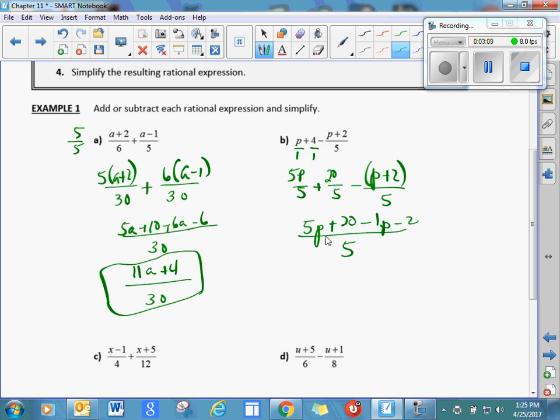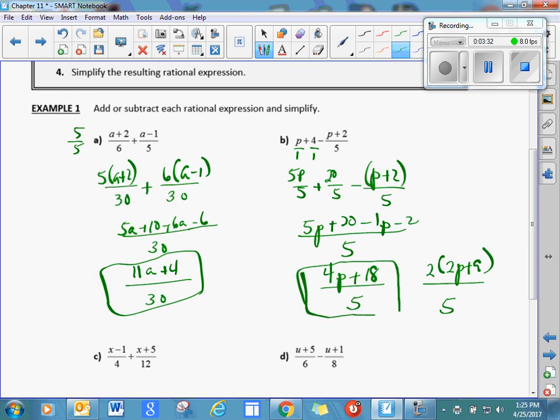And collecting like terms, we get 4p plus 18 all over 5. And again, I'm looking for a common factor to factor out of the numerator. I could take a 2 out and write it like this. And either of these answers is fine, but there is nothing that cancels numerator and denominator. So quite often, you'll see it just left like this. But that's an acceptable answer as well.